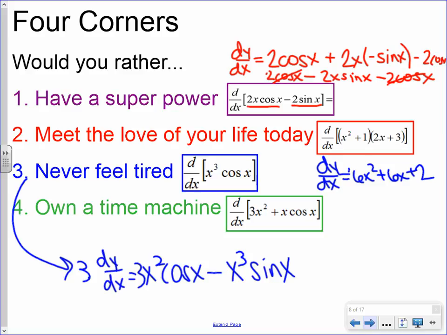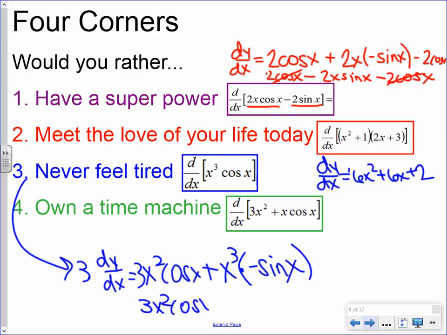I saw some people doing this, and I want everybody to pay attention to this. To me, that looks like subtraction. First of all, when you multiply, it's a good idea to do so with parentheses. You should get in that habit. When you use the product rule, use parentheses, okay? That way you know that this can be written as 3x squared cosine of x minus x cubed sine of x.